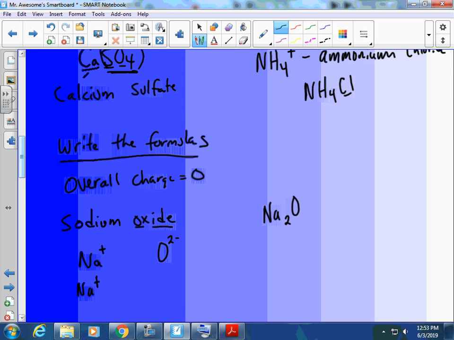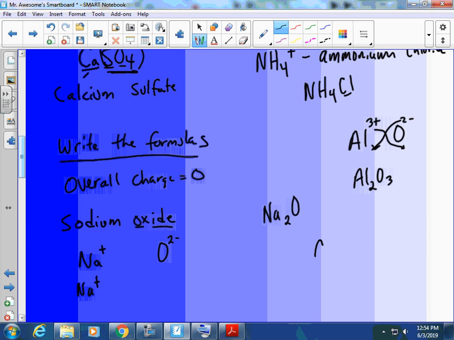A lot of times on these things, what you can do is just take their charges. Like if I said you had aluminum oxide, okay, so aluminum makes a +3 and oxide makes a 2-. This is another technique to use. We just take that number down here and that number down here, and then it works. That's the formula. But it doesn't always work.